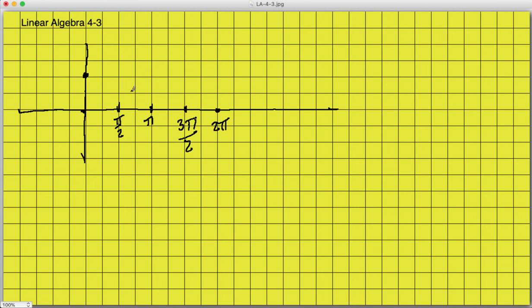And what happens is as we get to pi over 2, it's coming down here like this.